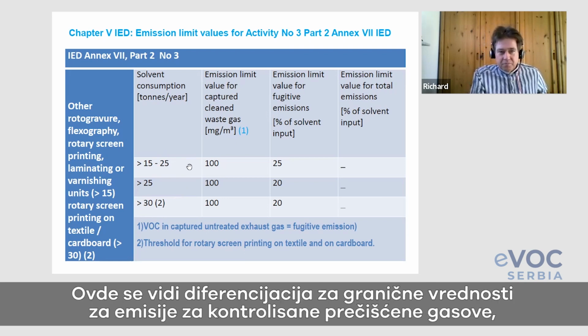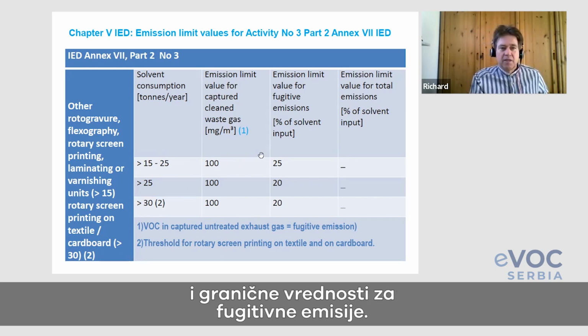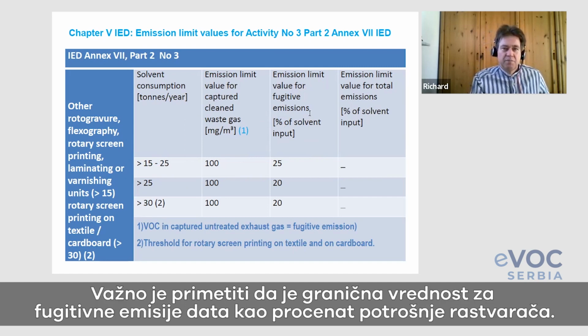So you see the differentiation between emission limit values for the captured and cleaned waste gases. And here the emission limit values for fugitive emissions. It's important to note that the emission limit for fugitives is a percentage of the solvent input.